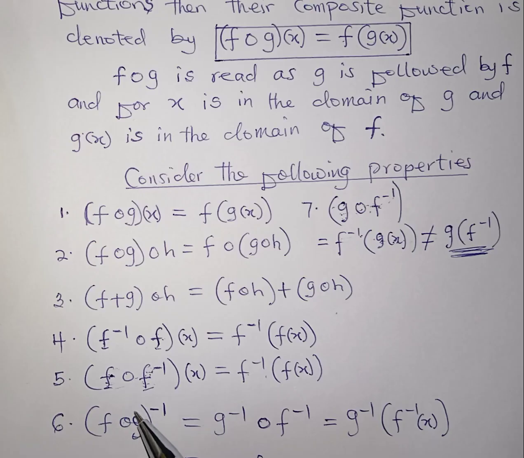So for property 6, let's look at it. F o G, that's G followed by F, inverse. Now when you have it like this, it should be a reverse. You take the inverse of each of them, but it should be reversed. Have you gotten that? Someone would have said that then I will take the inverse of F and the inverse of G, and then it should follow like that.